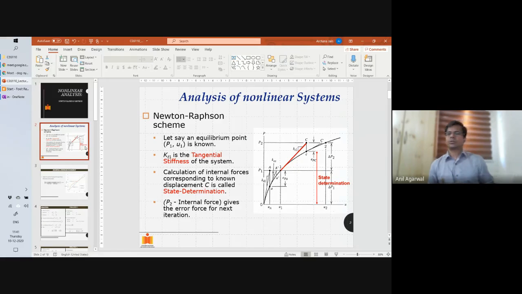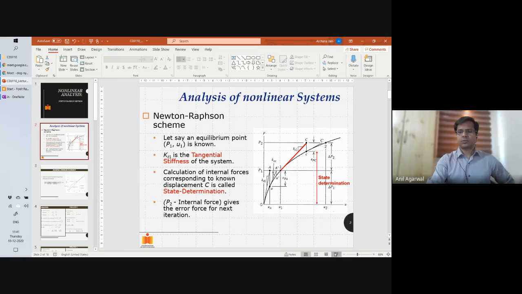Unless you use a computer, it becomes very difficult to solve any decent size problem in a classroom. So what we will be solving in the class are springs or very simple trusses. As soon as we get into a real size problem, the problem explodes in size, and then we have to deal with large size matrices and the number of iterations we have to do. So it becomes a bit complex.